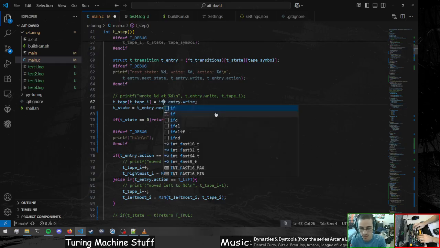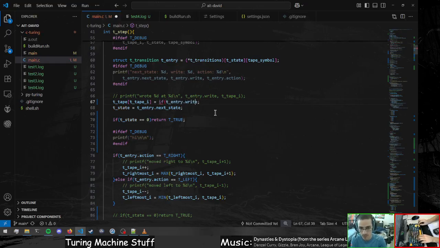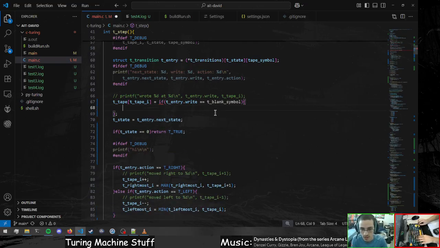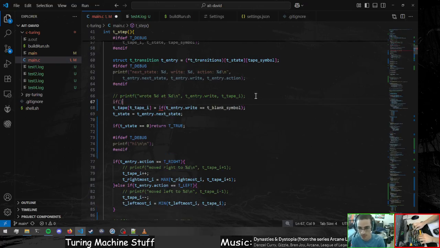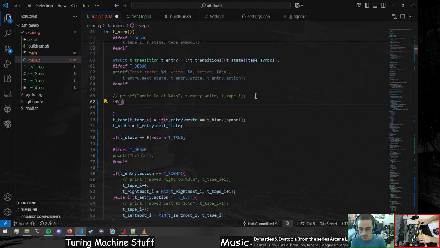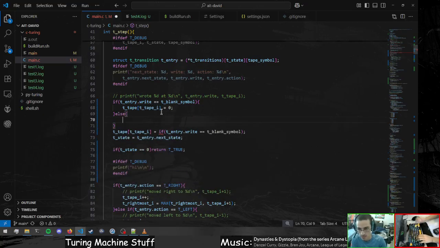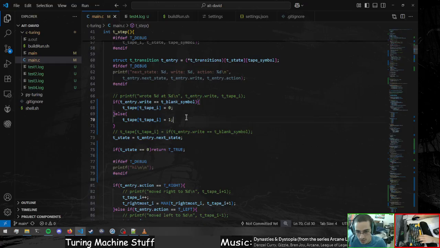T dot write. So I'll say if t dot write equals blank symbol, then we're gonna write a 0, and else we're gonna write a 1, and that's how you flip it.